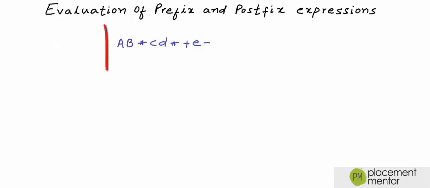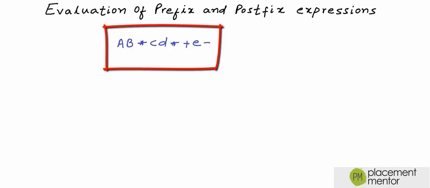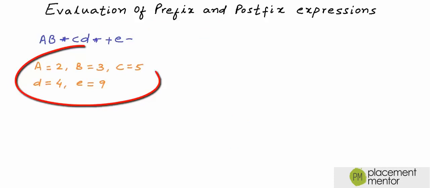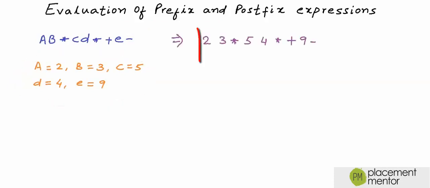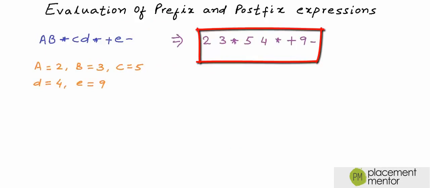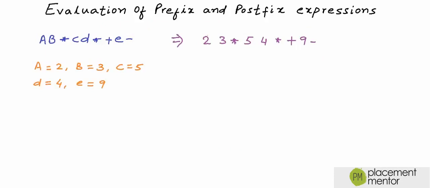Okay, so we have this postfix expression here, and we want to evaluate this expression. Let's say for these values of variables a, b, c, d, and e. So we have this expression in terms of values to evaluate. I'll first quickly tell you how you can evaluate a postfix expression manually.